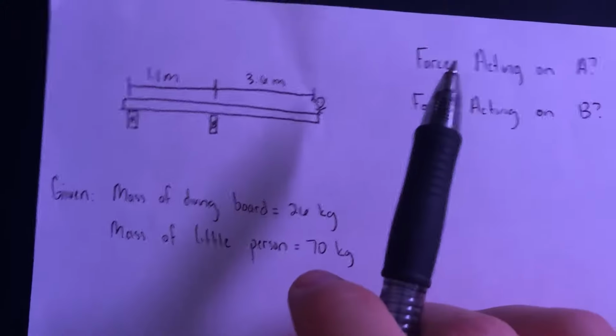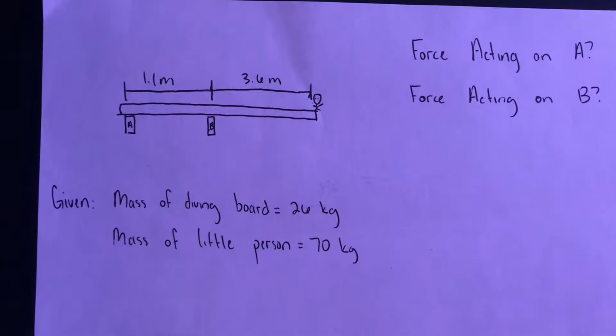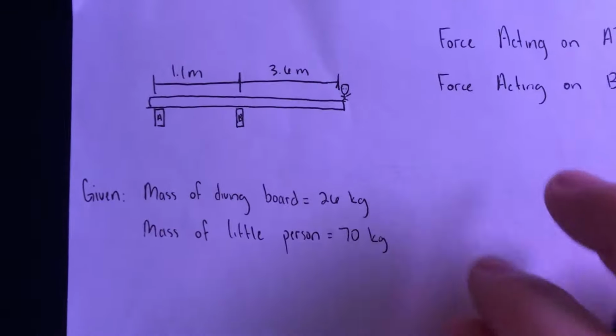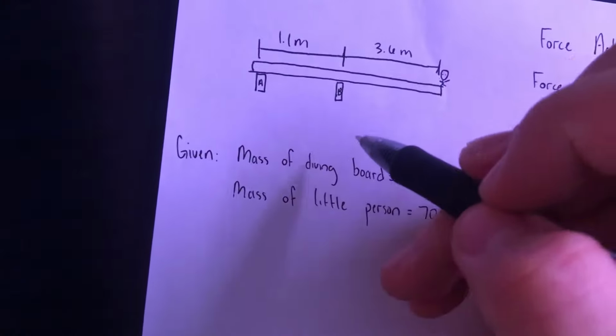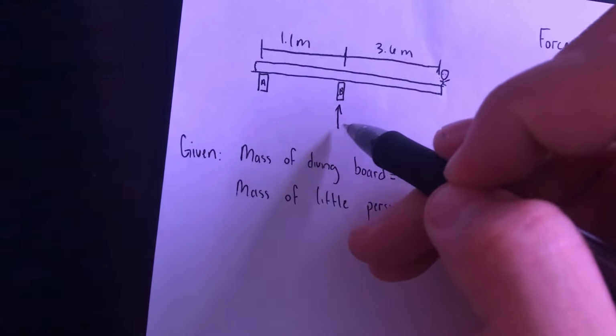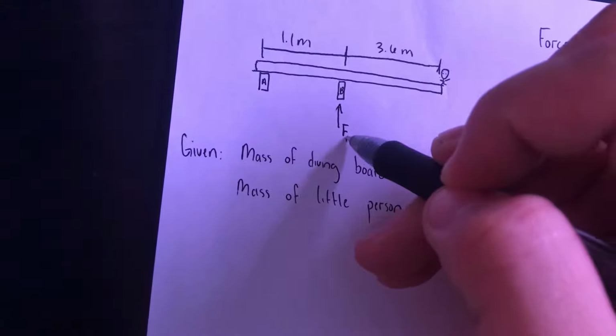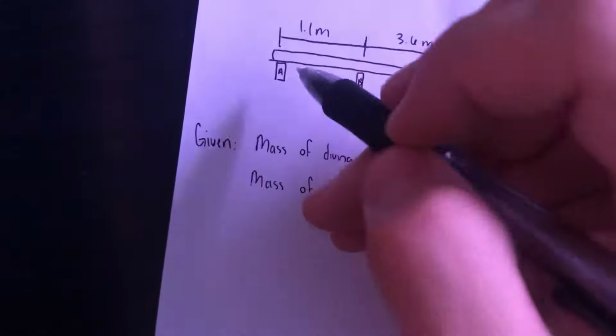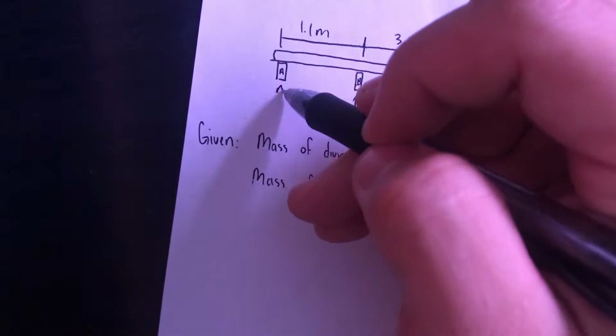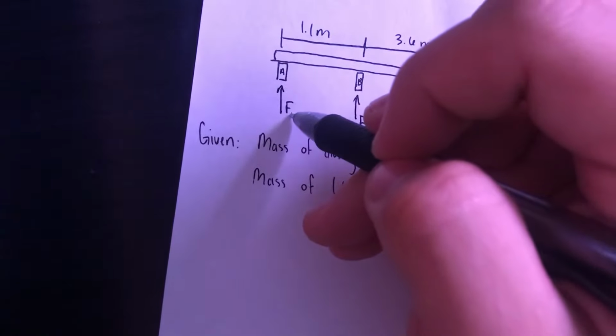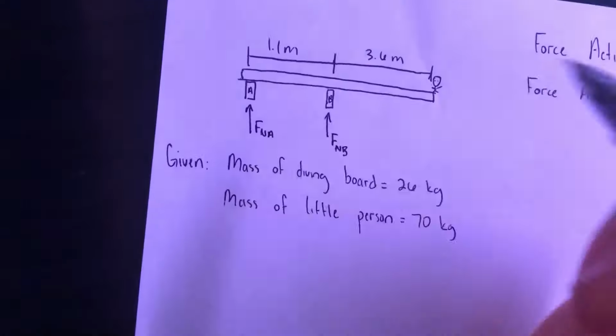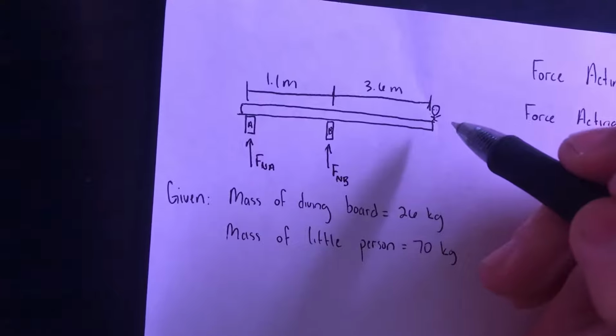The first thing you're going to do is define your forces. You have a normal force working up at point B and a normal force working up at point A. And then you have two more forces.